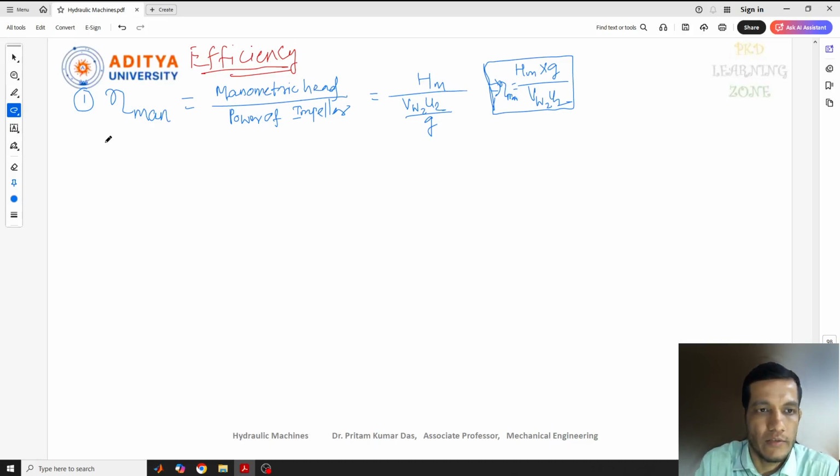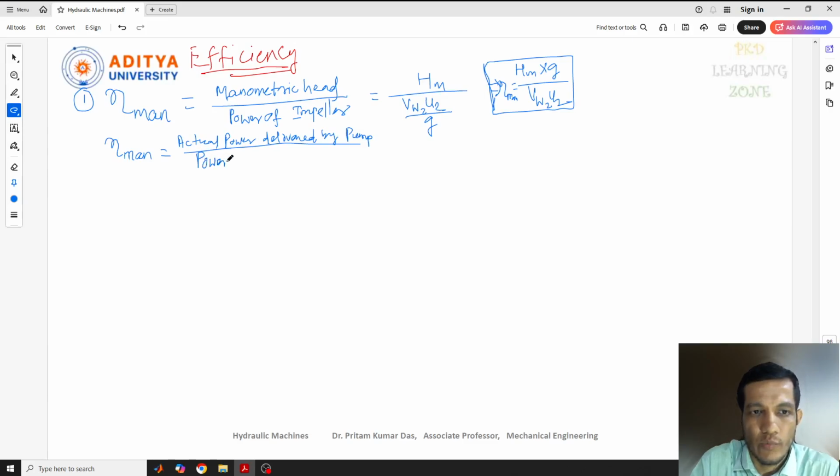One more I'll show you here: the actual power delivered by the pump, and as usual the power imparted by the impeller.